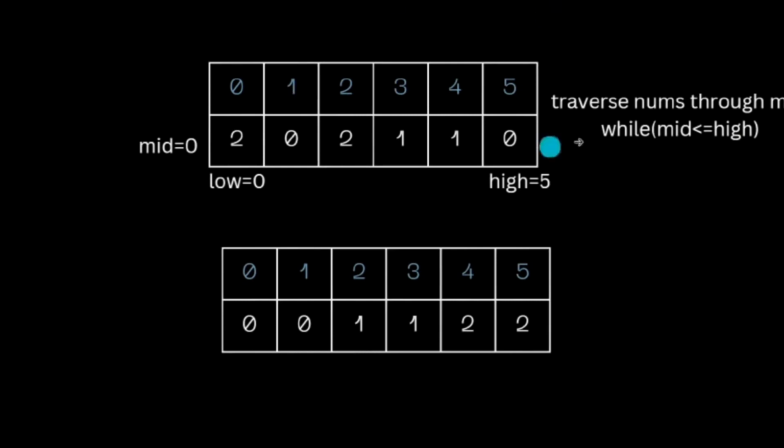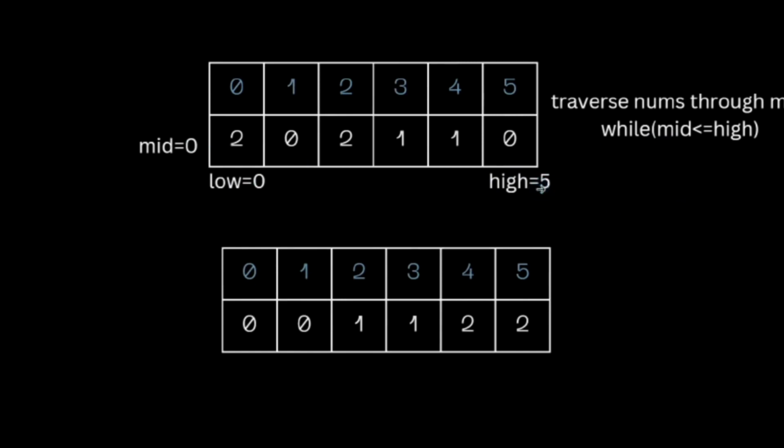So what we are doing in this approach is we are using 3 integers, that is mid, low and high. We will initialize low to 0 and we will initialize high as 5, that is the highest index, right? And we will use mid to traverse all of this array, right? We will do this until mid and high cross each other.